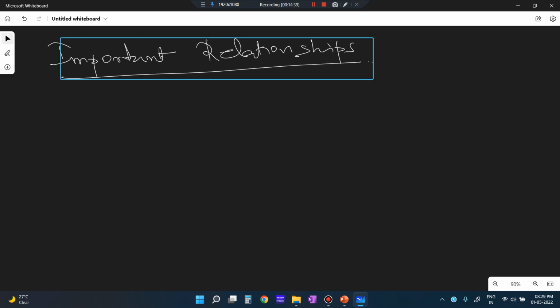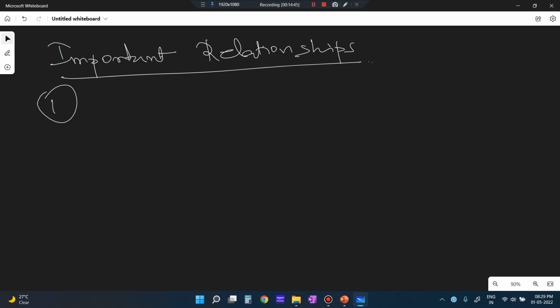Now there are some very important relationships that we must know. The first one, we know porosity is equal to volume of voids to the total volume of soil. So we can write the total volume of soil like this: volume of voids plus volume of soil solids.